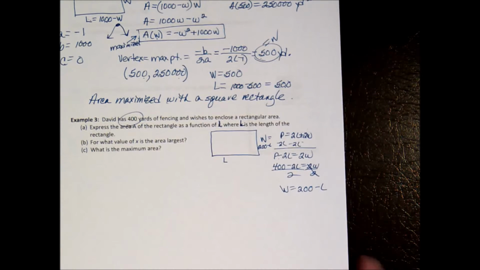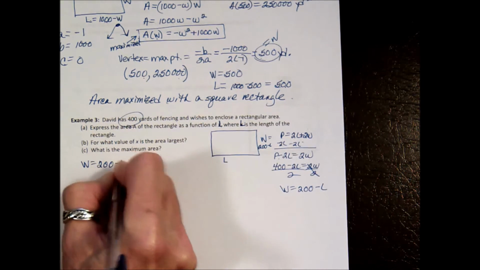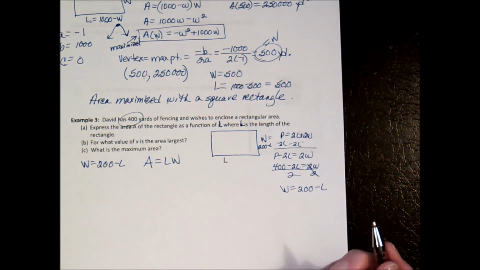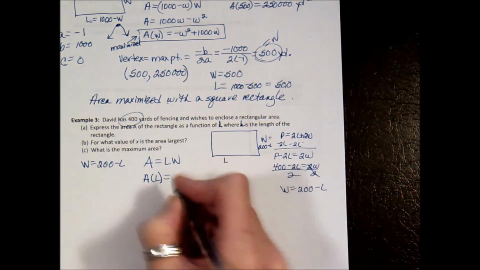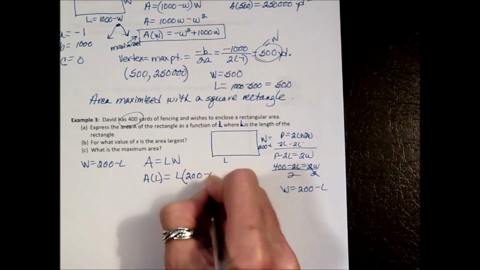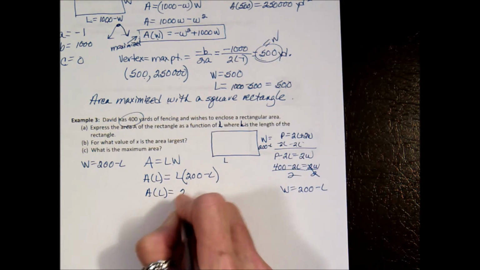So I know that W is 200 minus L, and I know that area is length times width. So area as a function of length is equal to the length times the width that we just found, 200 minus L. Or A of L is equal to 200L minus L squared.